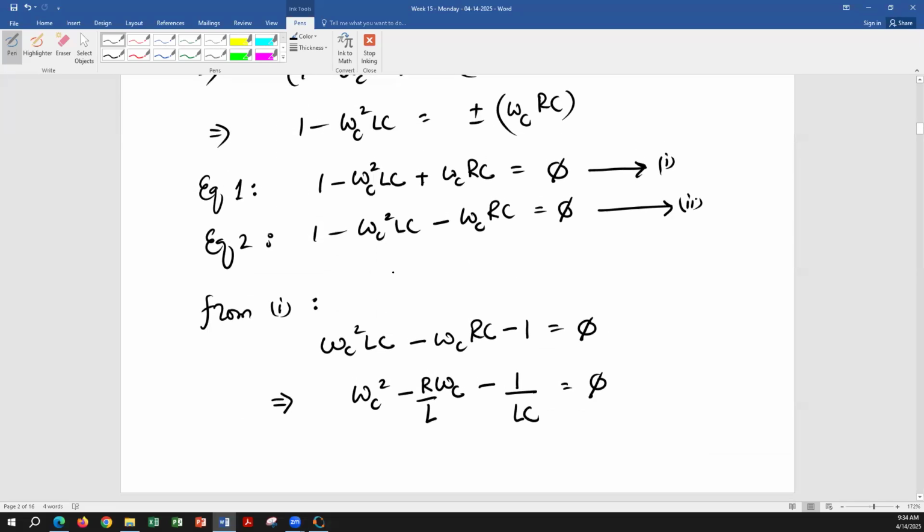So that's coming from this equation. Again, we did the same thing like we did over here. Multiply both sides by -1 and then divide both sides by LC to get rid of the coefficient of omega c square. So the only difference between the two is this plus sign over here.